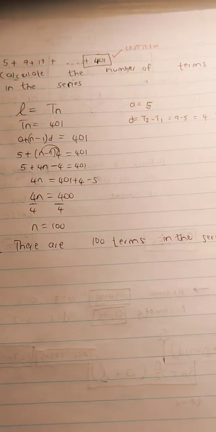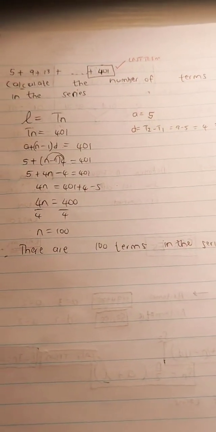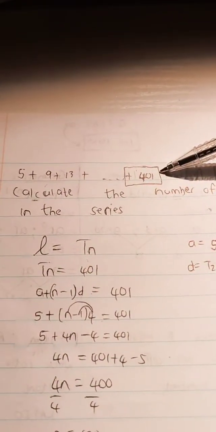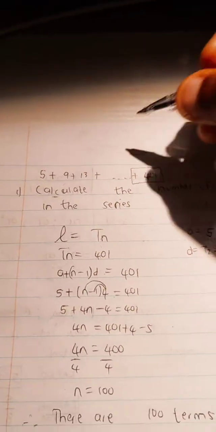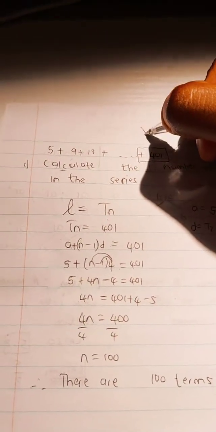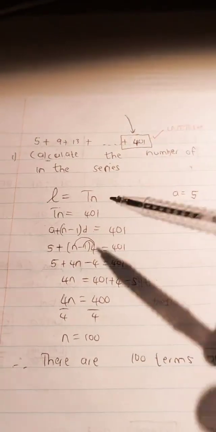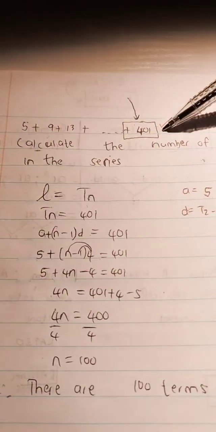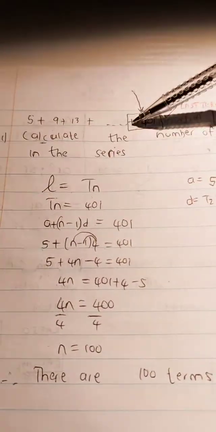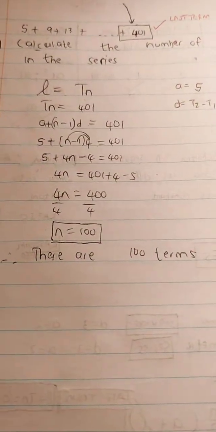Yes, to find the position of the last term, if we have the last term, then of course that last term indicates its position. The smart thing about using Tn when we are given the last term is that by equating Tn with that last term, that affords us the chance of figuring out what the position of that last term is.